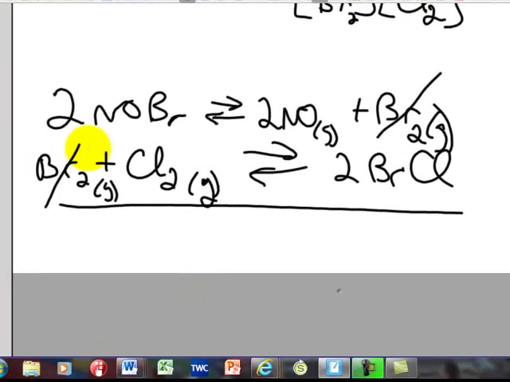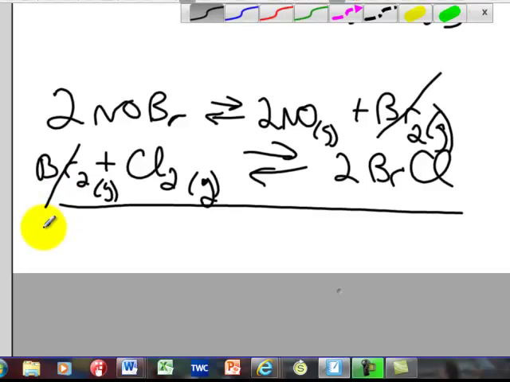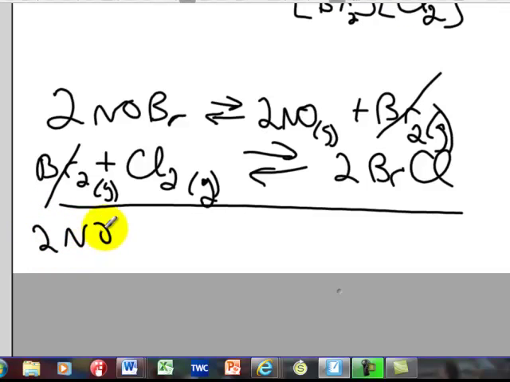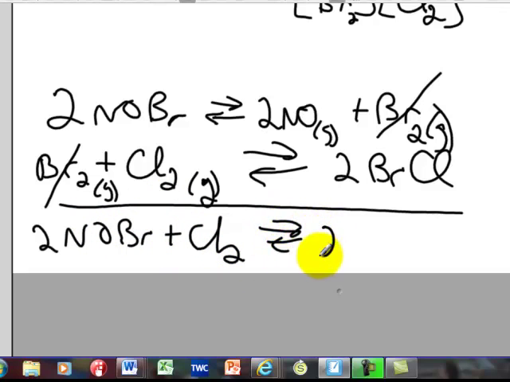Well, suppose the equation I want to know the K for is the addition of these guys. I could add these up just like I add up simultaneous equations, just like I was adding up elementary reactions over in kinetics. The Br2's cancel out, and I've got 2NOBr plus Cl2 in equilibrium with 2NO plus 2BrCl.